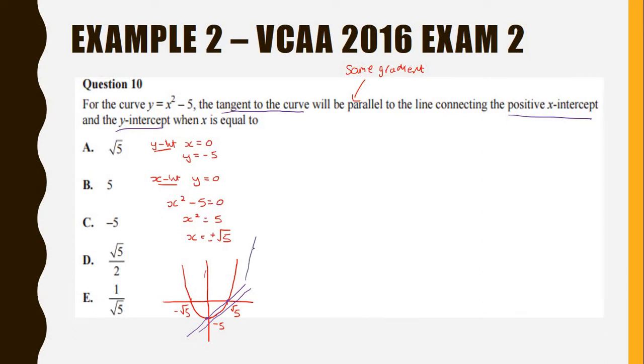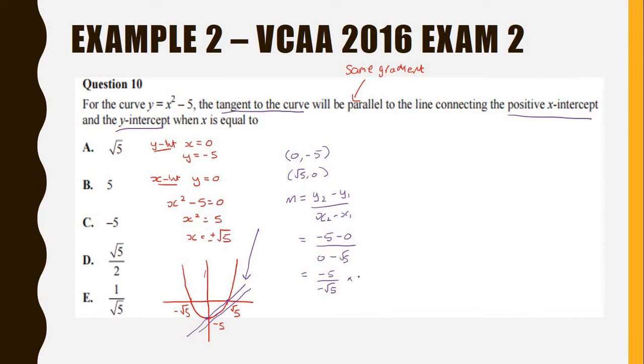I can find the gradient of this first line here because we've got 2 points. It passes through the point 0, -5 and the point square root of 5, 0. We use our formula for the gradient between 2 points, which I'm sure you all remember, and we get -5 minus 0 over 0 minus square root of 5, which would be -5 over negative square root of 5.